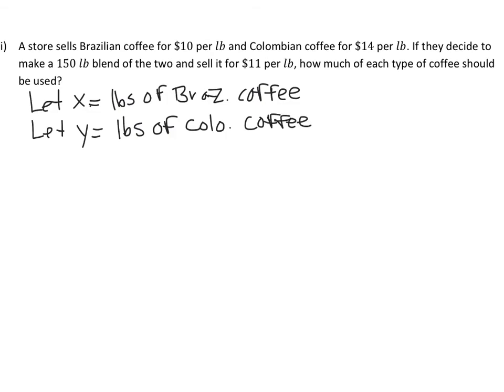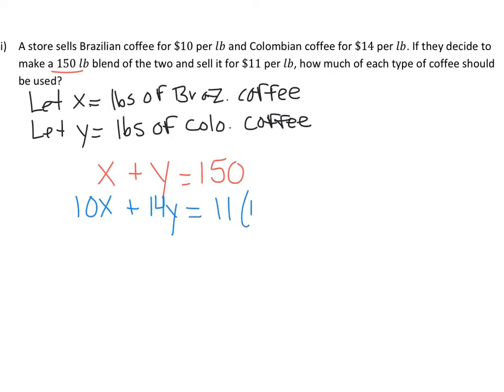Okay, so again, we have quantity and cost. We have X pounds of Brazilian plus Y pounds of Colombian, and we want a total of 150 pounds. Letter I is similar to letter H in that we're kind of keeping the same equation for our second one, but we're adding in the price. So the price is $10 per pound for the Brazilian plus $14 per pound for the Colombian, and it totals at $11 per pound for the mixture, which is 150.